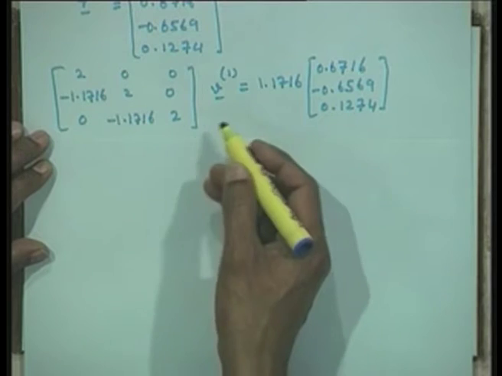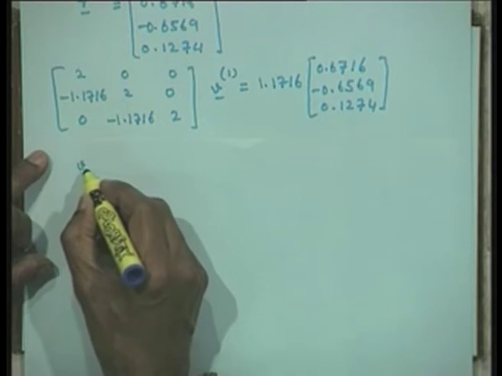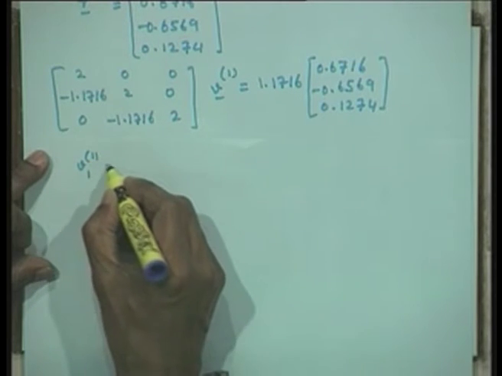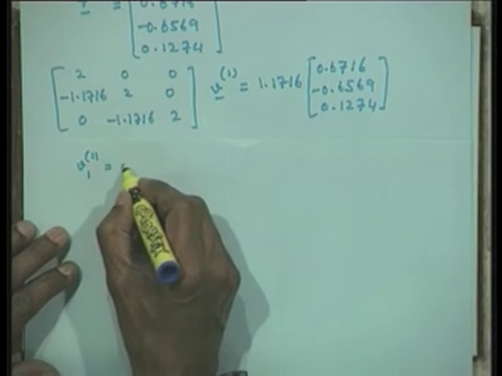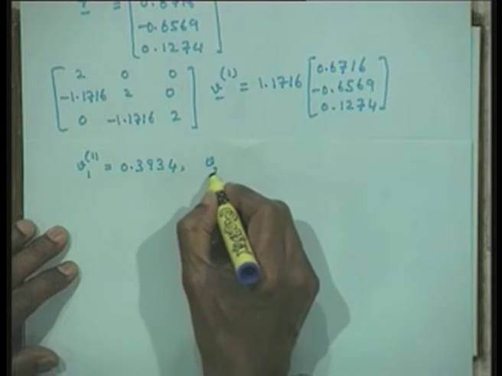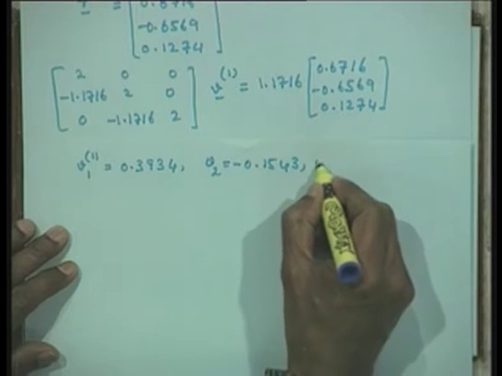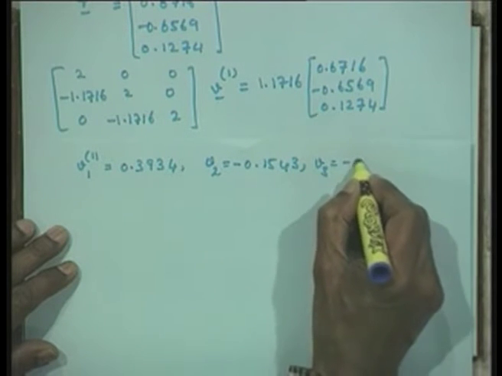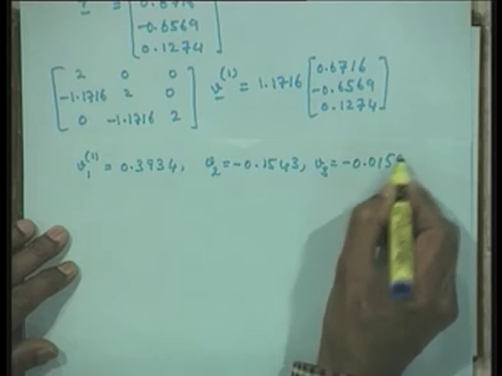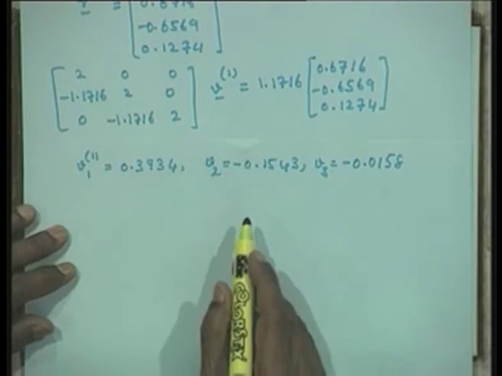Now we have to solve this equation again by forward substitution, and I get the solution of this as V1 1, that is at this stage, V1 1 is 0.3934, V2 is minus 0.1543, V3 is minus 0.0158. That is from the computation of this value again by forward substitution.